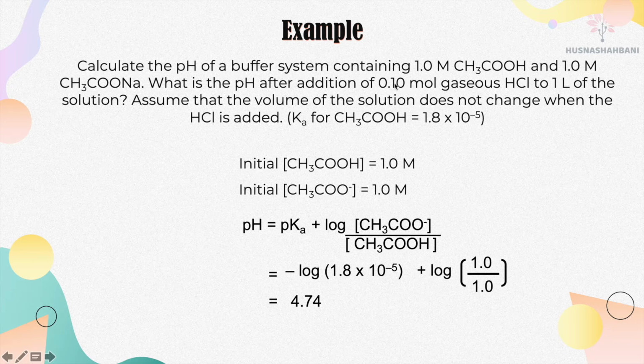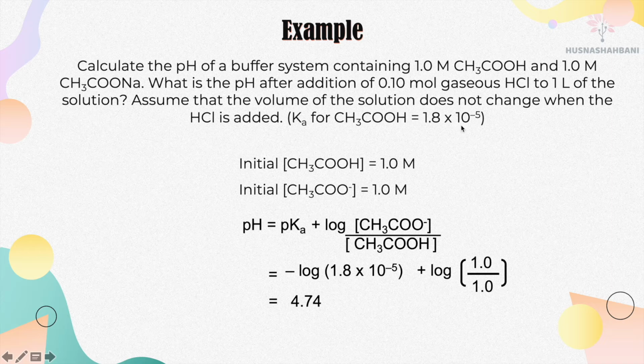Here what is given is the number of moles and the volume, not the concentration, so you need to find the concentration of HCl from the number of moles and the volume. Assume that the volume of the solution does not change when HCl is added, so the volume stays 1 liter.